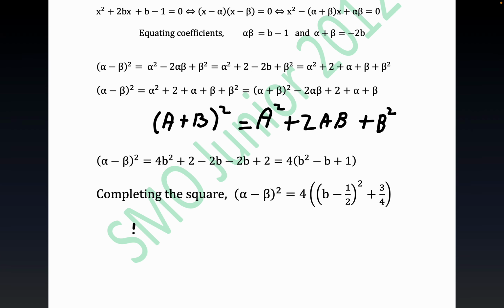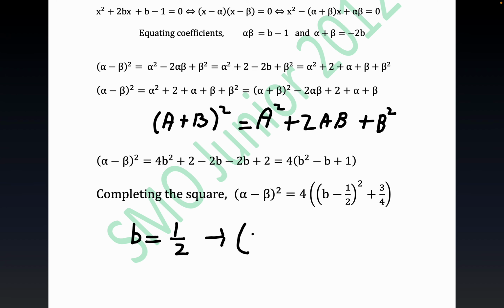When b is equal to 1/2, the right-hand side is as small as it can be. b equals 1/2 makes the squared term vanish. Okay, b equals 1/2, put it there, you get 0, and you would get 4 times 3/4, which is 3. So this would imply that, oh no, now I have to actually write alpha.